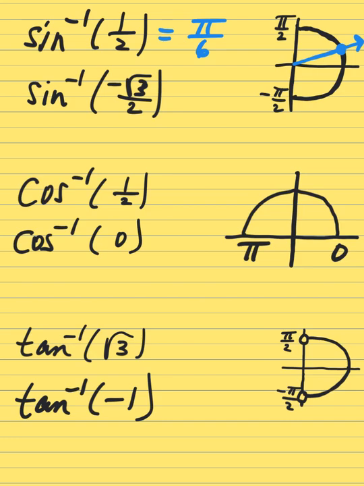The second sine inverse problem is sine inverse of -√3/2. -√3/2 as a y coordinate happens down here. Now, due to domain restrictions and range restrictions, that's actually a -pi/3.